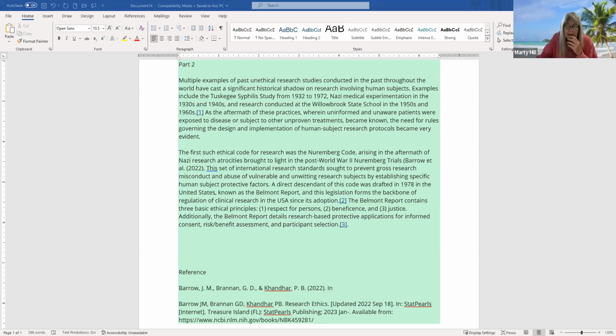Do you have any idea the name of the chapter? I'm going to look on my phone. Research. Oh, spotted this book.